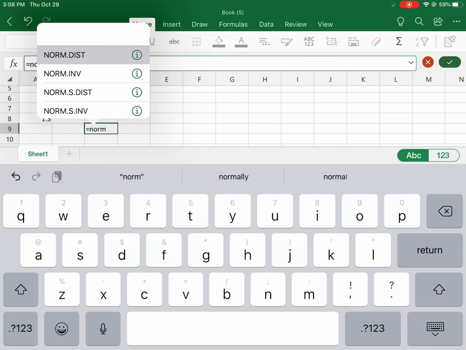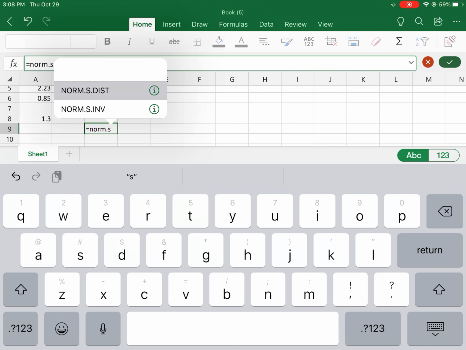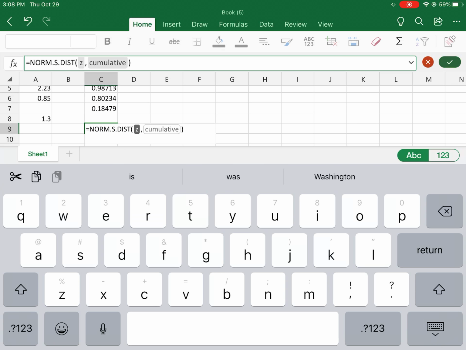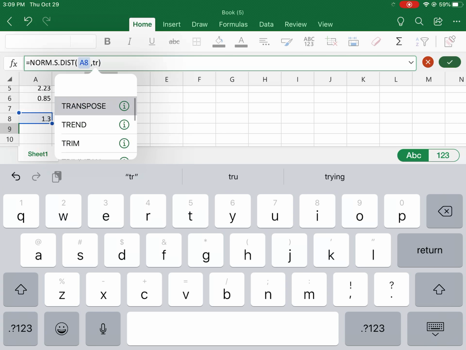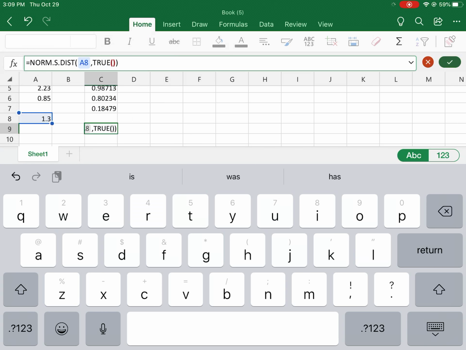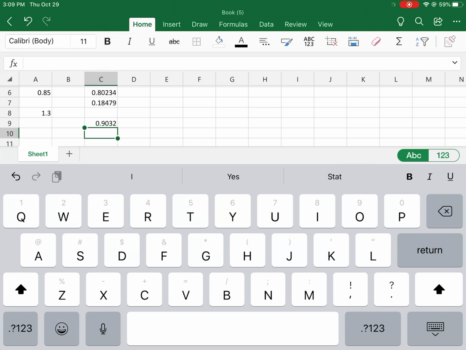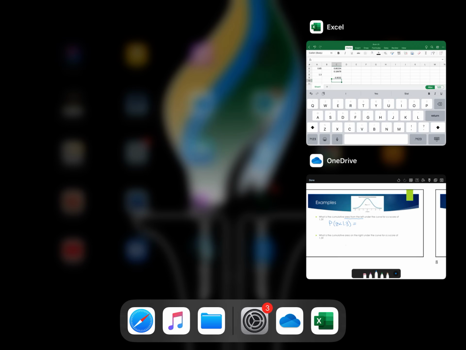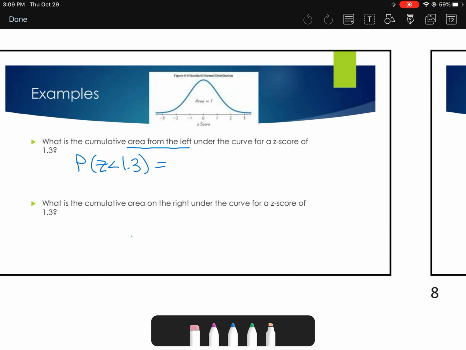So that's equal to my NORM.S.DIST. Remember, we're using the z, so we use .S. Okay, so let's highlight that. Again, always true. And I get 0.9032, which is 90.32%.